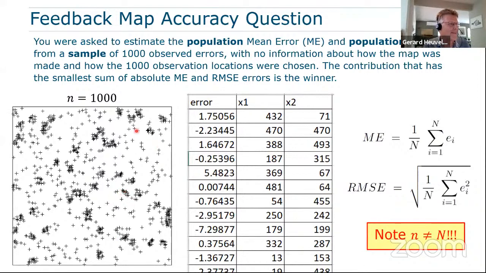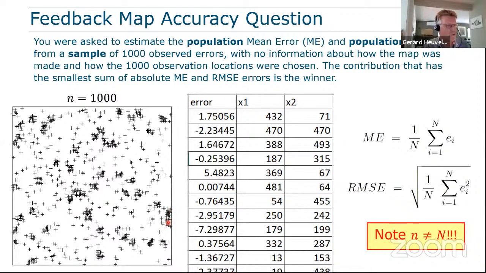Yeah, and if you look at this sample design, I think everybody notices that there are some clustered data, right? It's not a random sample. There is some clustering there, and we know now that clustering is risky. Because if we would just take the naive default unweighted estimate of ME and RMSE, replacing uppercase N by the lowercase n, and just taking the average of all those 1,000 cases, then I think we should be able to do better, because we would give a lot of weight to those areas where we have a high sampling density.